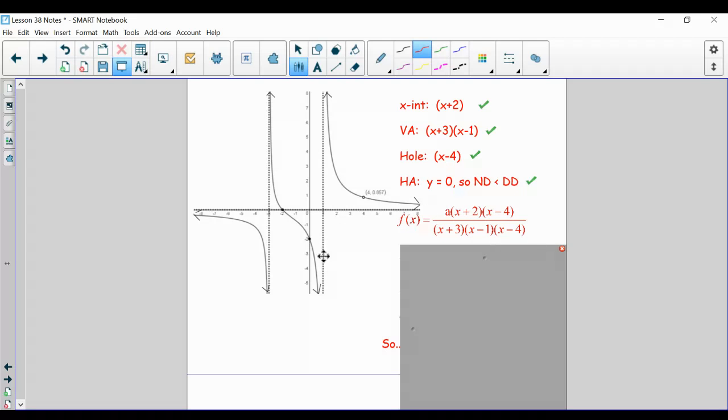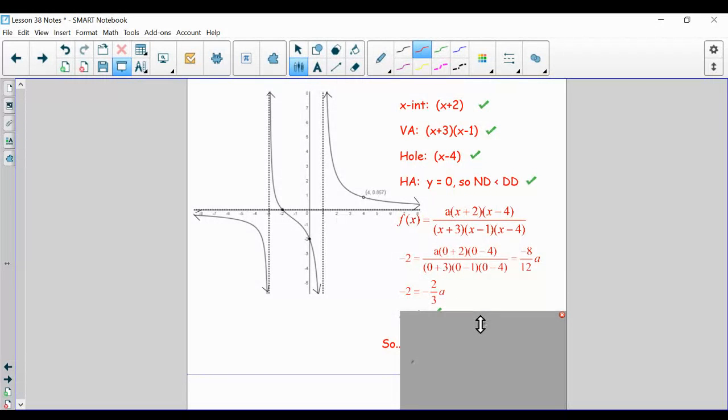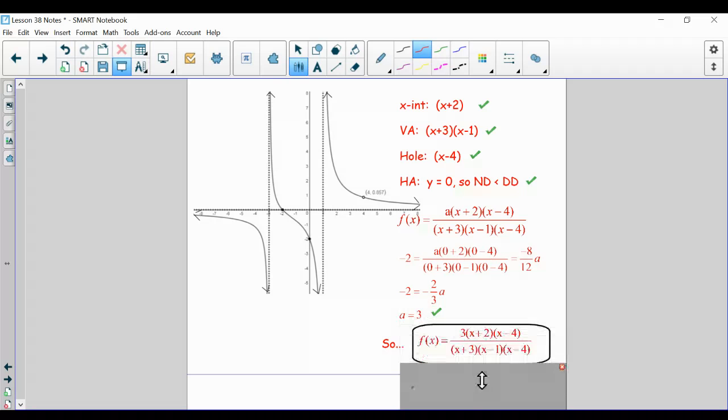Okay, and because I have a y-intercept here at -2, I would plug in -2 for the y-coordinate and 0 for the x-coordinate. So if I plug in 0 for all of those, I will end up getting -8/12a. That should equal -2. So if I solve that, just reduce that to 2/3, a would have to equal 3. So here would be my equation.